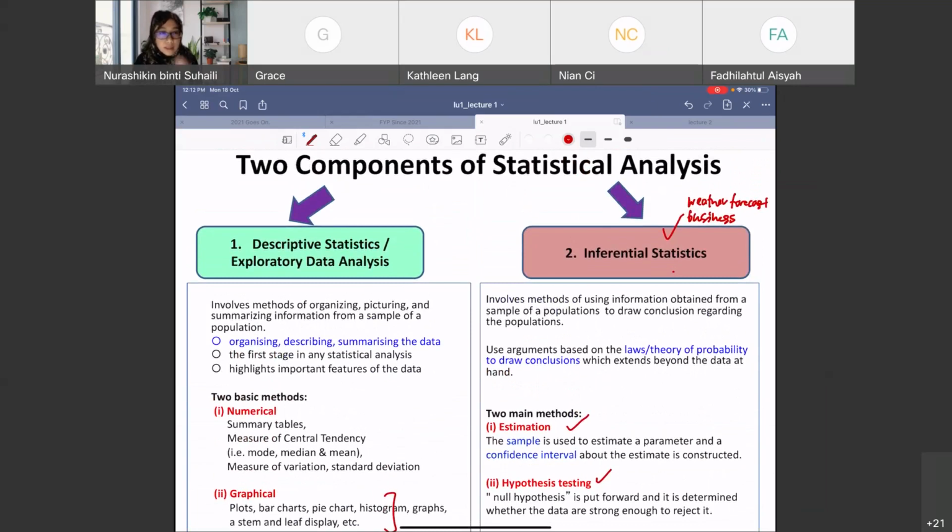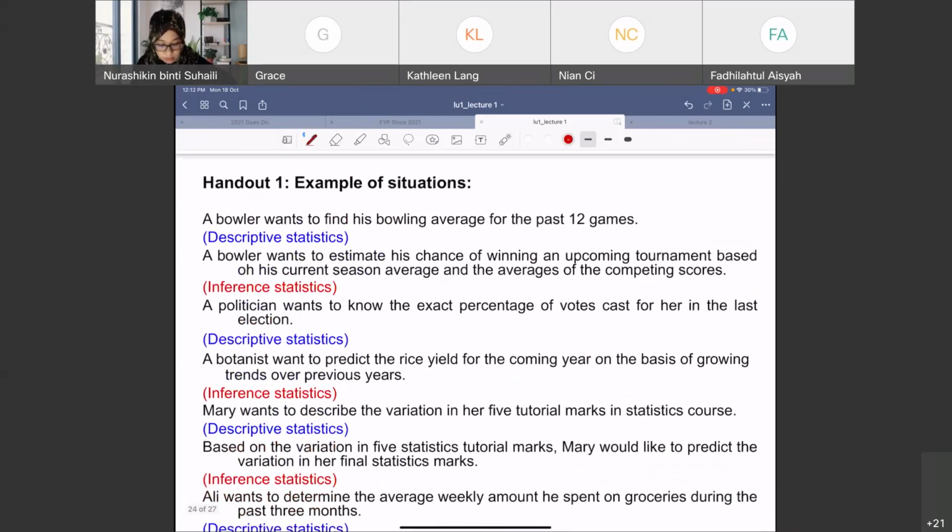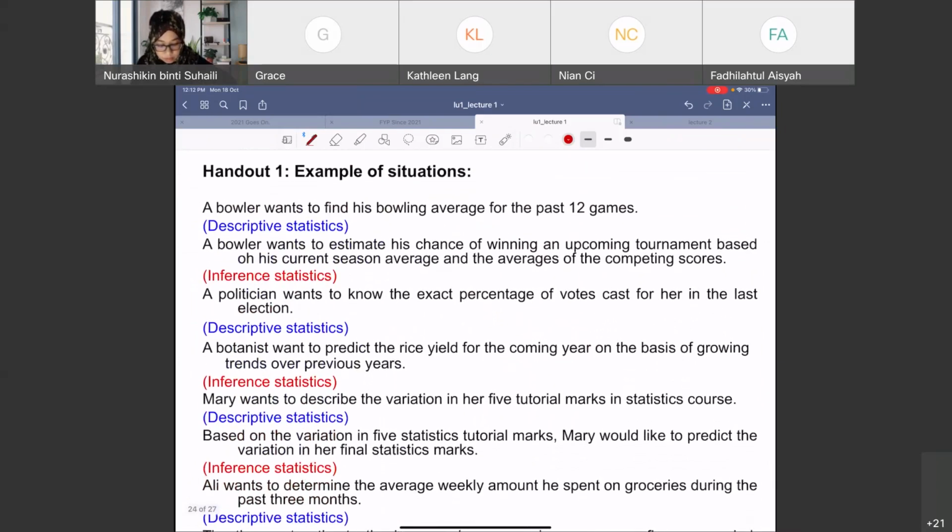But sometimes some fields require inferential statistics because we want to predict, like simulation or modeling. I think in zoology there is that part too, but you will deal a lot with descriptive statistics because it's based on what you have in the lab, or in your practicals.